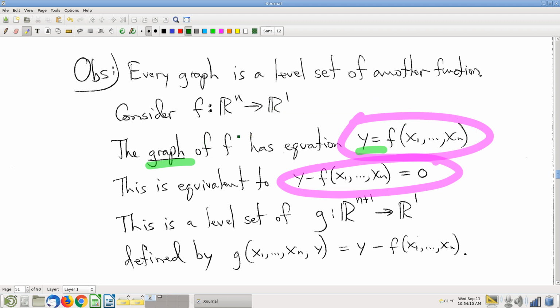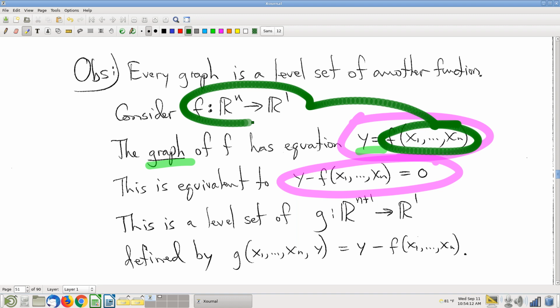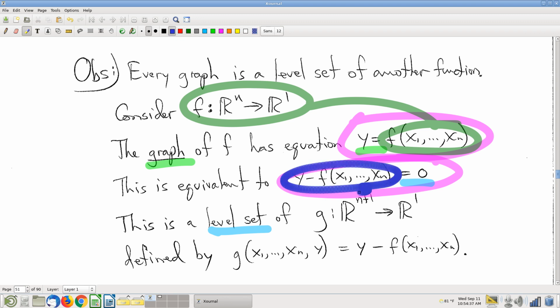Let me circle it like this. It's a graph of this original function that we were given from Rn to R1. That's the graph of that function. But the same exact equation down here in purple, slightly in different form but morally the same equation, that same exact equation is a level set of this function.